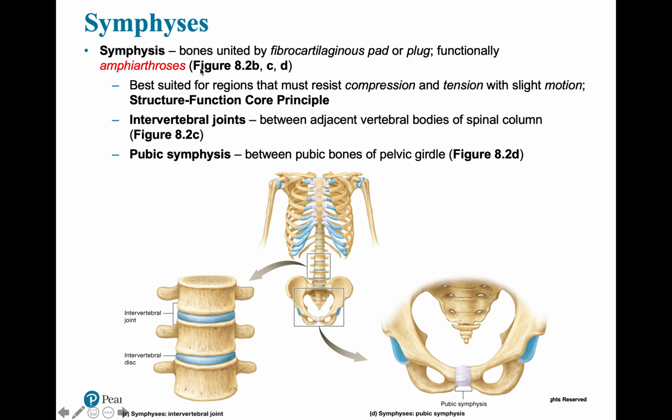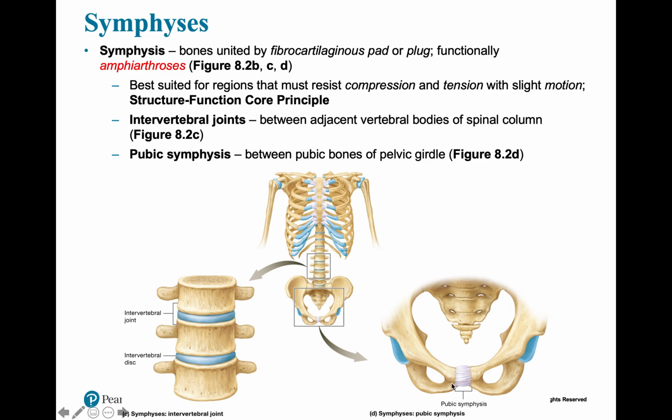Also amphiarthrotic, meaning it allows slight movement. Why slight movement? Well, in a man, or a non-pregnant female, it would be pretty sturdy. Very, very slight movement, okay, but pretty sturdy.